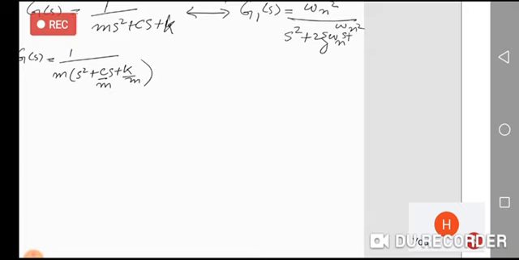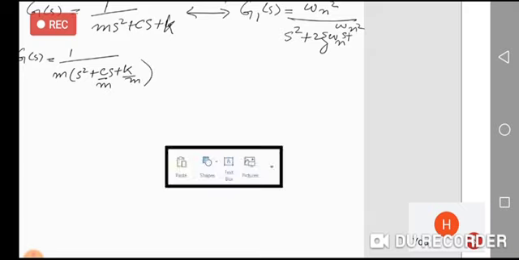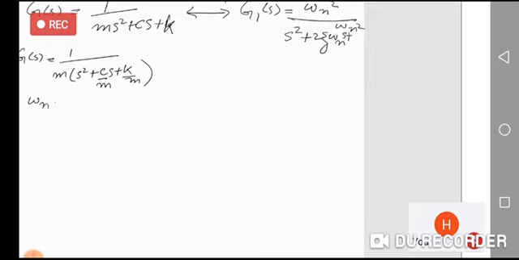ठीक है? Now K over M, we know that omega n squared is equal to K over M. And we also know that zeta is defined as C over CC, and we also know that CC is equal to 2 under root km. अभी थोड़ी देर पहले मैंने किया था, ठीक है?